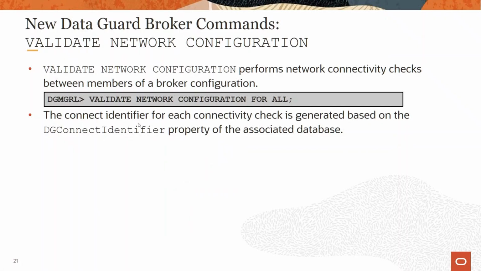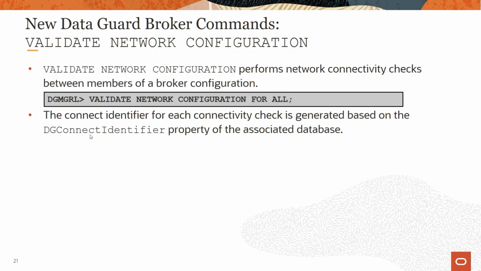Okay, the next thing is you can also validate network configuration. This is to check connectivity: validate network configuration for all. It checks connectivity between members of a Data Guard broker configuration. It uses the Data Guard connect identifier property to connect to each member in the configuration.